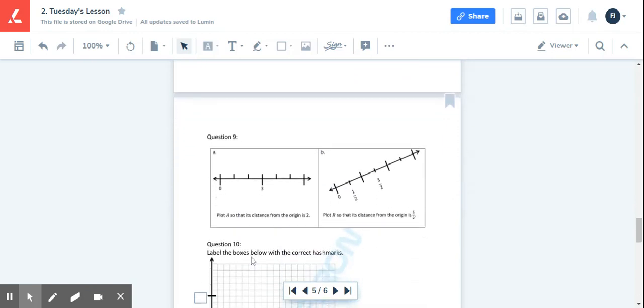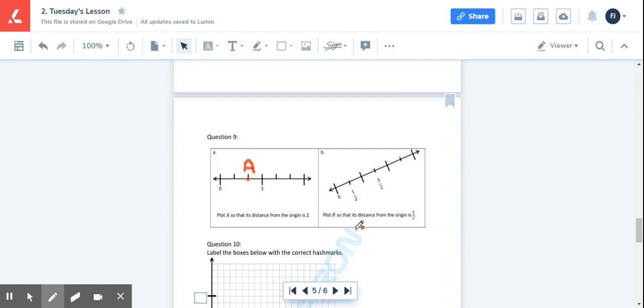Question number 9. Plot A so that its distance from the origin is 2. So I'm going to count from 0, 1, 2. This is where I plot 2, and I'm going to make sure that I label it A. Always remember to label your points.